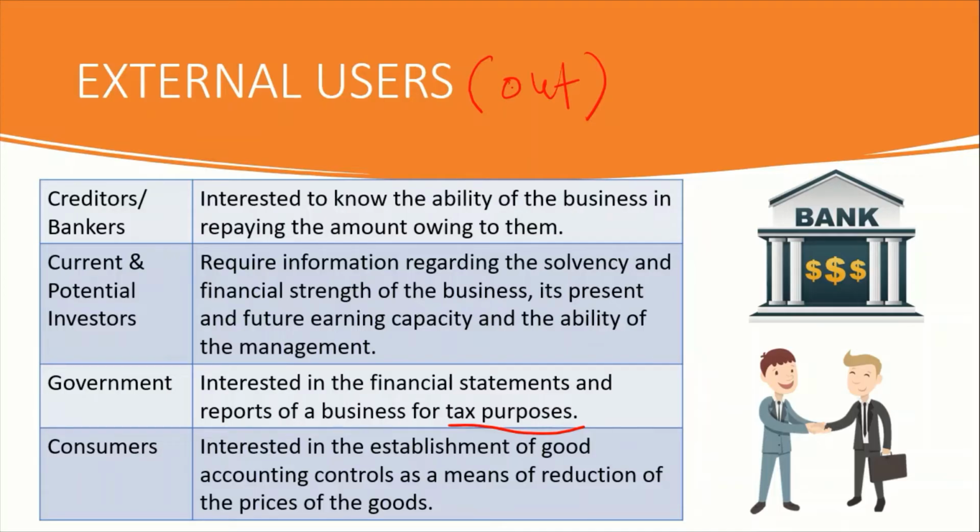Lastly is consumers, interested in the establishment of good accounting control as a means of reducing the price of the goods. So consumers are interested in the reports so that the price of the product you produce will be lower, or the company image of the product is better.